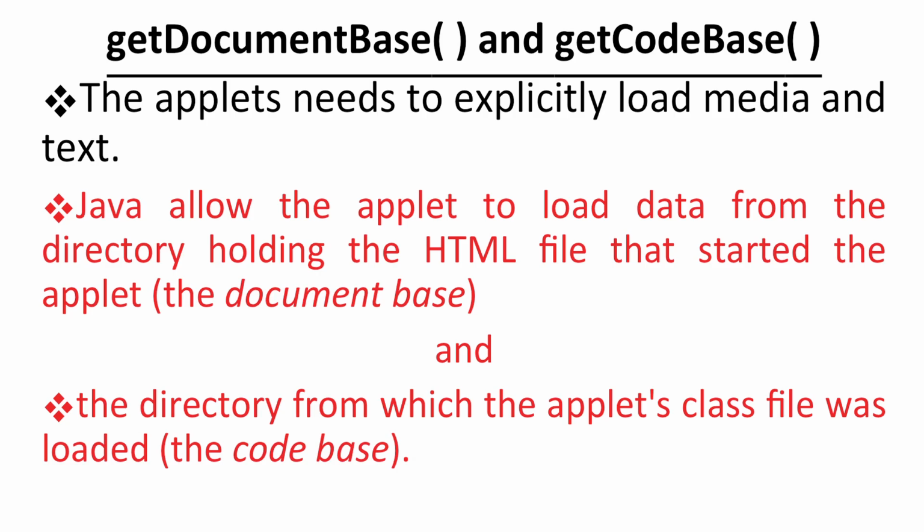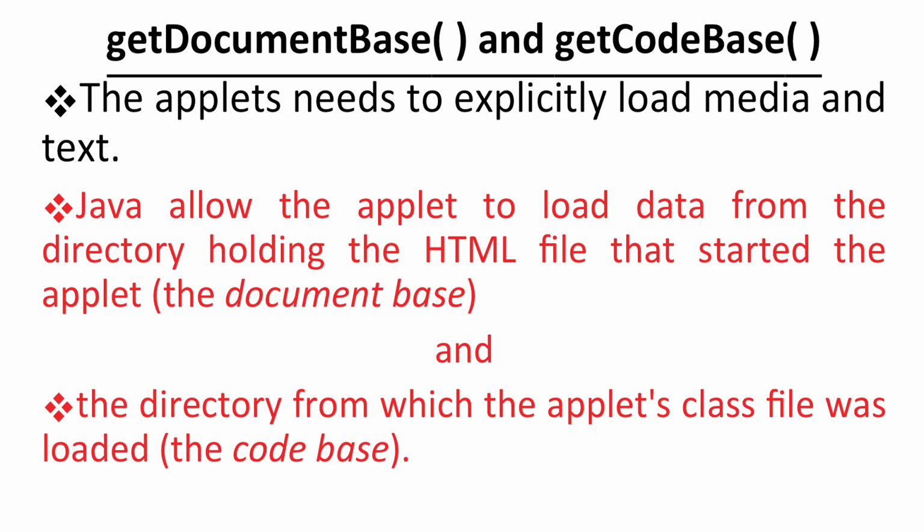Java allows an applet to load data from the directory holding the HTML file that started the applet, that is getDocumentBase. So, any HTML file, any text file, when we load this file, then we use getDocumentBase, and the directory from which the applet class file was loaded is the code base.